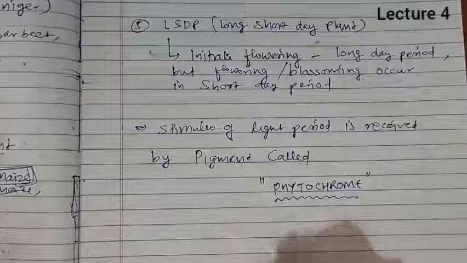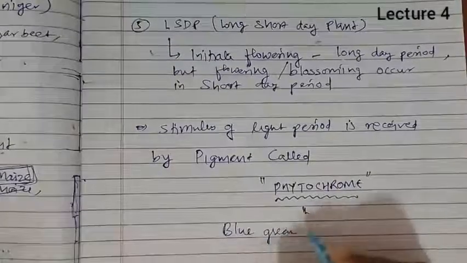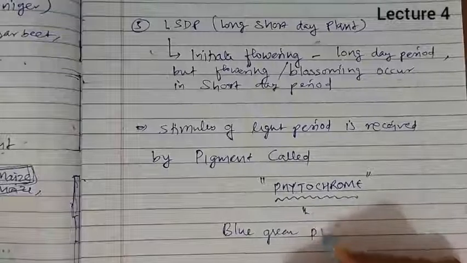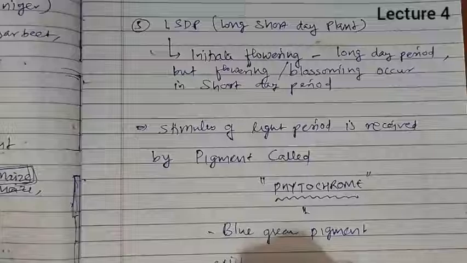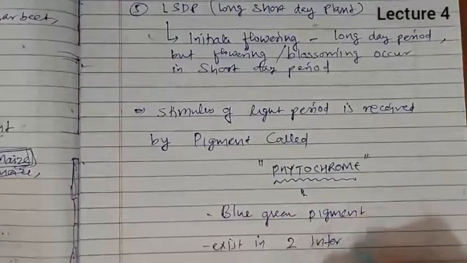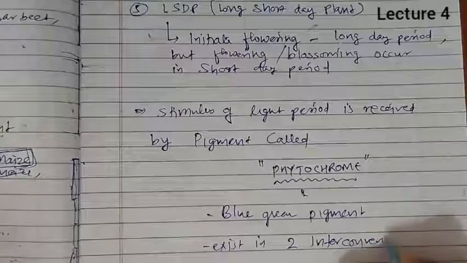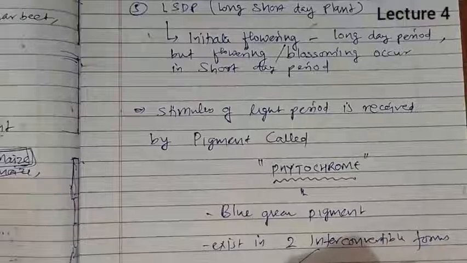Now phytochrome, it is a blue-green pigment, exists in two interconvertible forms.